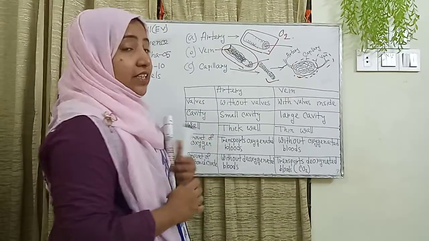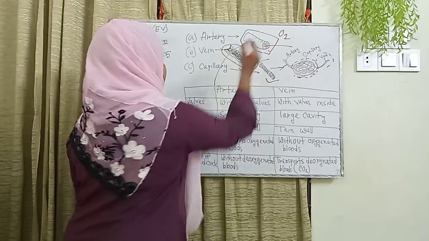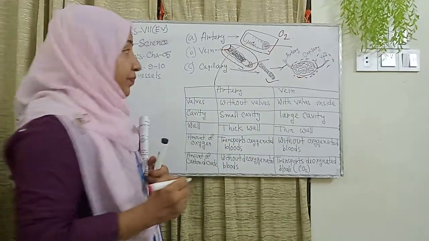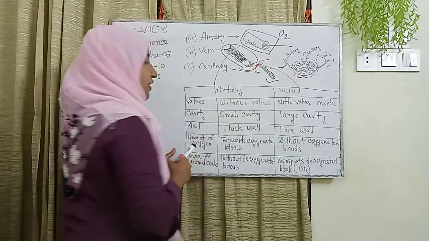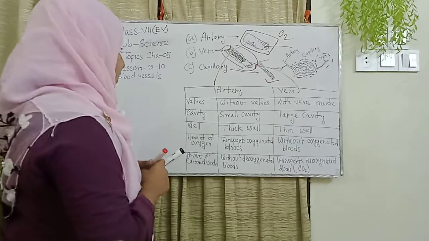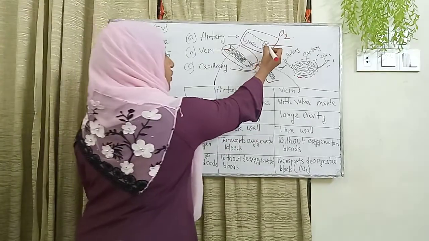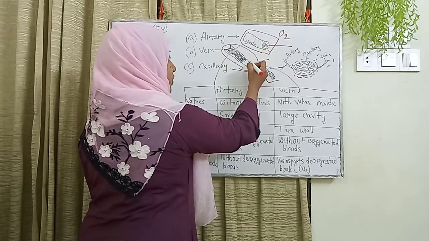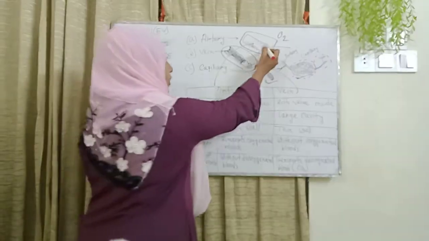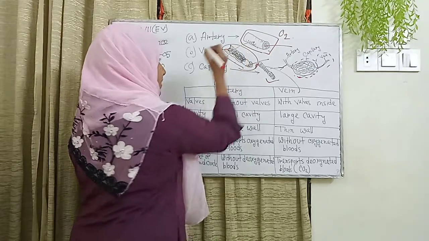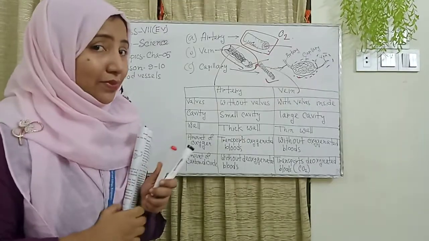Here I just draw the table. First structure is artery, and this structure is also artery, and another structure is vein, and this structure is vein. The first feature is valves.